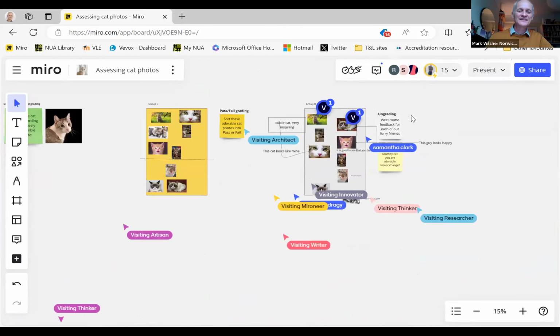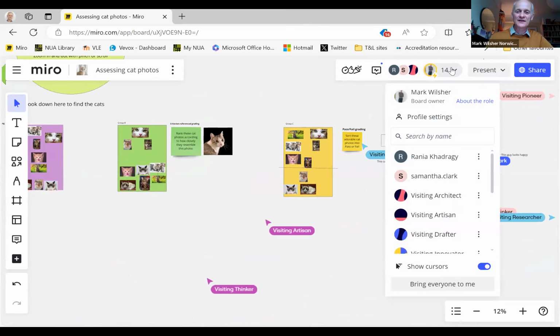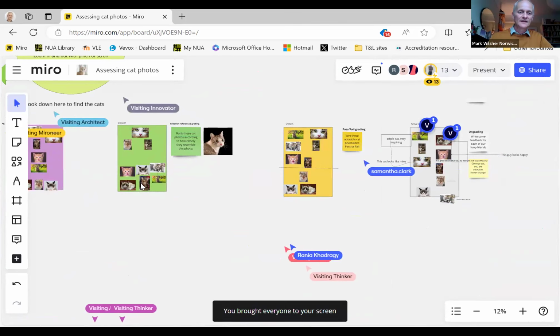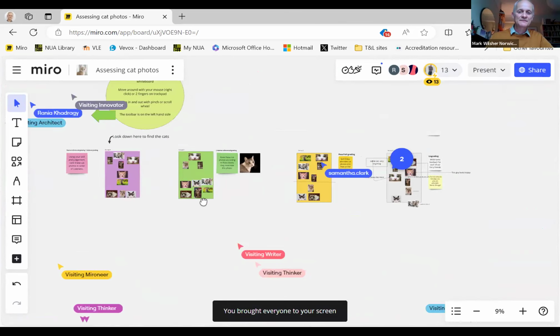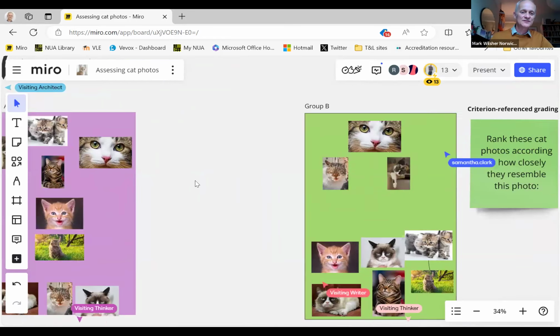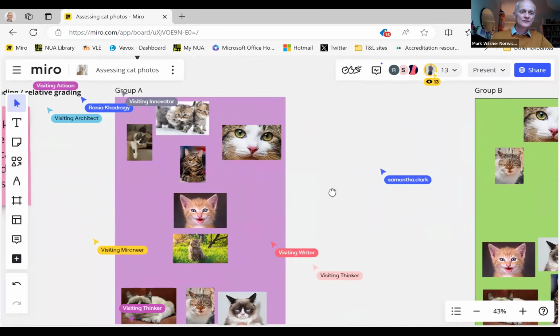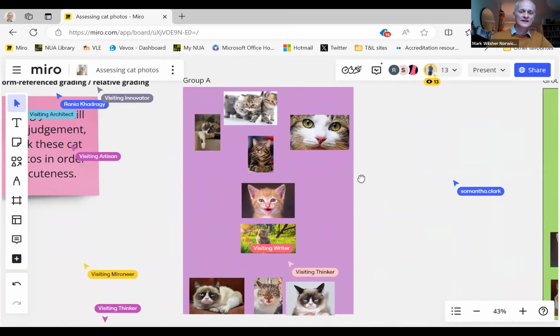So just to zoom out on this, anyone on the browser will now follow me, I think. Here we go. So to zoom out, let's compare. Let's just look at the top and bottom of each of these groups. At the top, we have the cute little kittens in group A in norm reference grading.